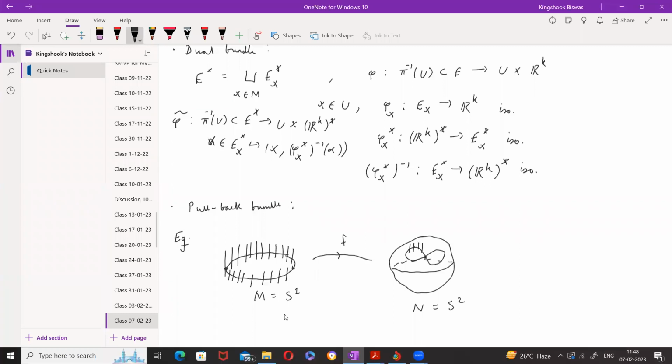So in this case, it's not given by a restriction, right? It's not given by restricting the total bundle to the image of F. Okay. Right. So the point of the pullback bundle is that F does not have to be one-to-one. It does not have to be an embedding. All right. Is this clear? Any questions?